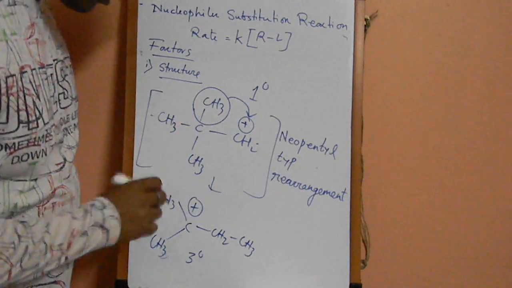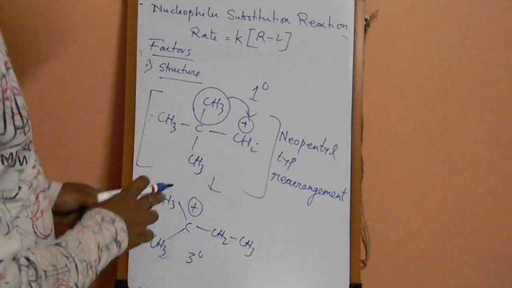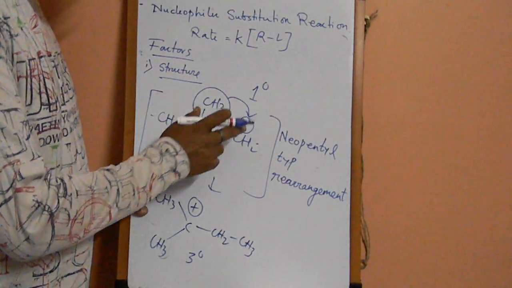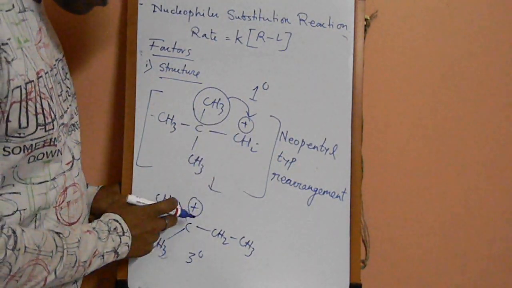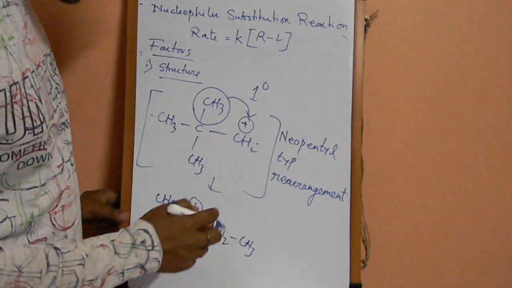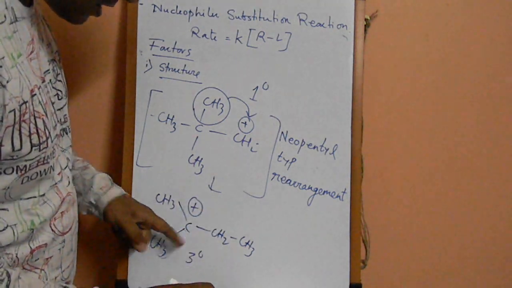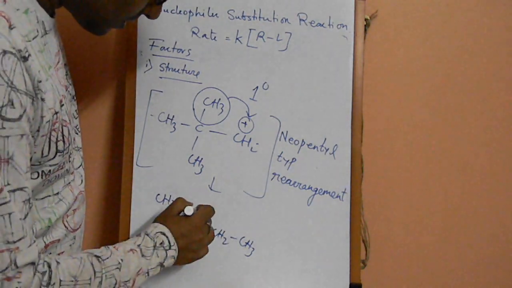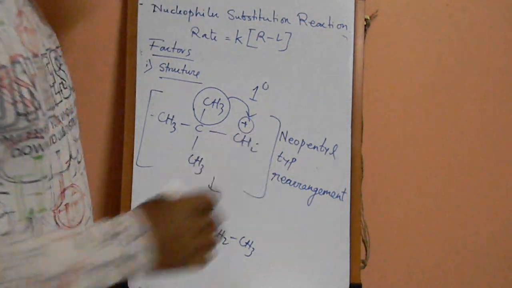So the actual product will derive from this carbocation, not this. You might get a very minor product from this, but the major product will be from this one. Now the nucleophile will attack at this carbon, and you will get the major product.